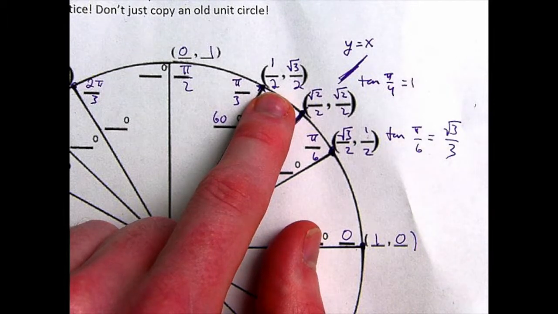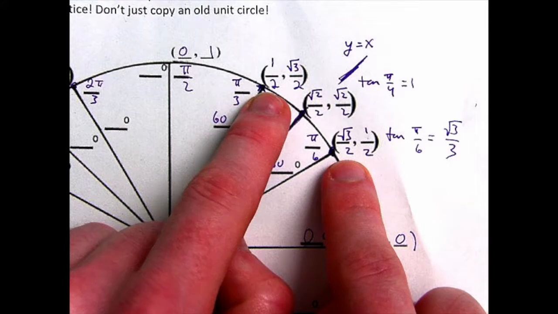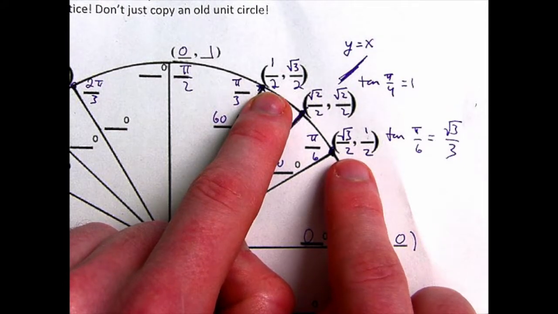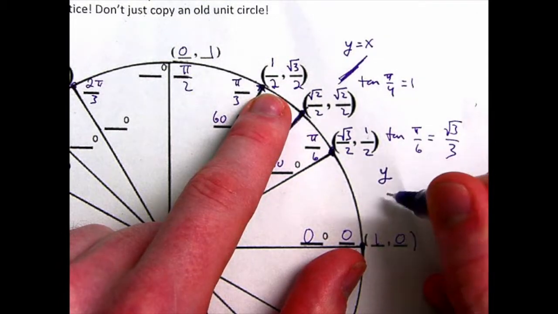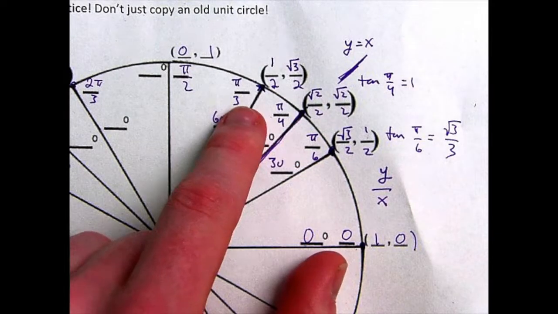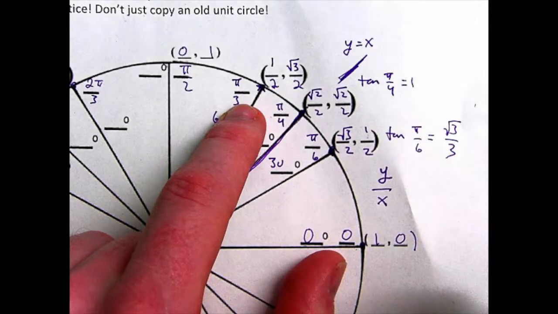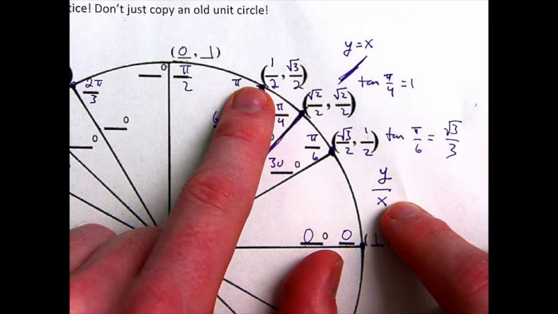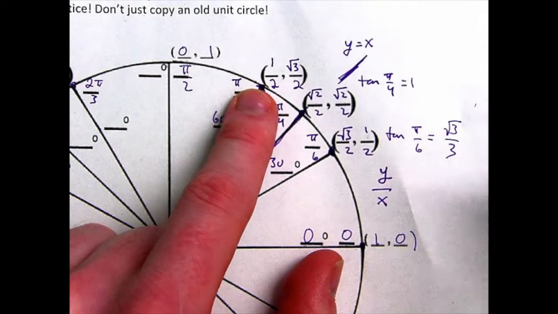Well, notice that the coordinates of pi over 3 are the same as those for pi over 6. The only difference is that the coordinates are switched around. Now, the tangent function is defined as y over x, right? So if you go from pi over 6 to pi over 3, you are simply switching the x and y coordinates. That means that if you go from here to here, all that's going to happen is you're going to obtain the reciprocal of this guy right here.